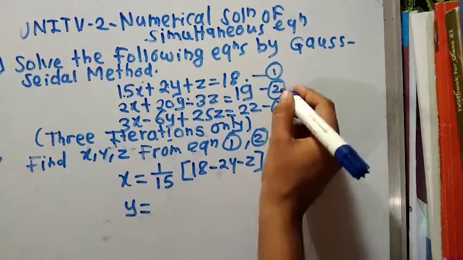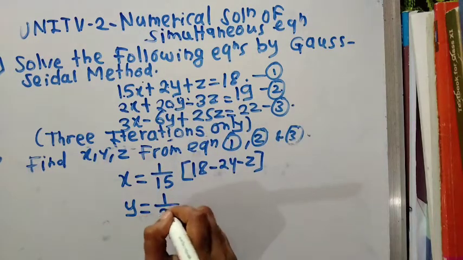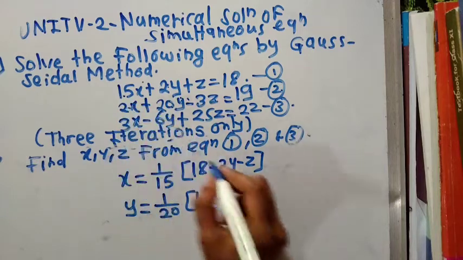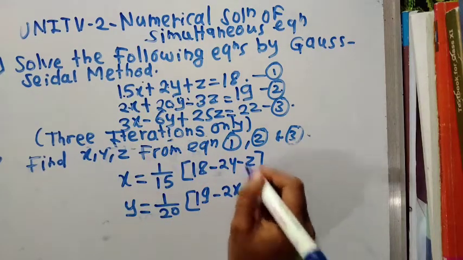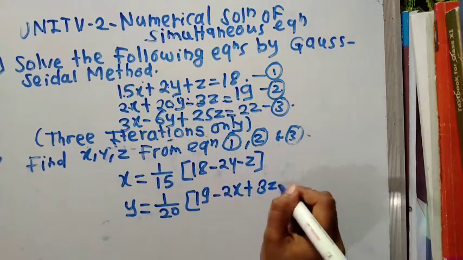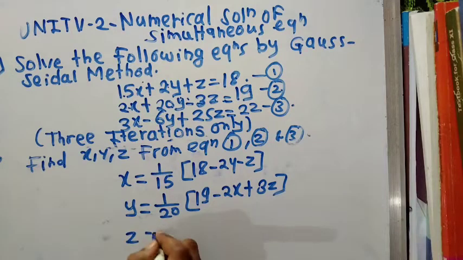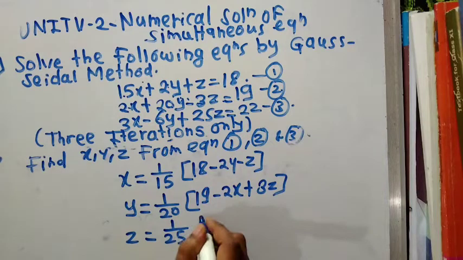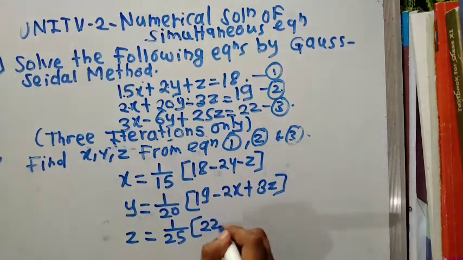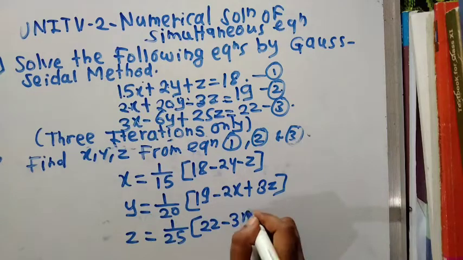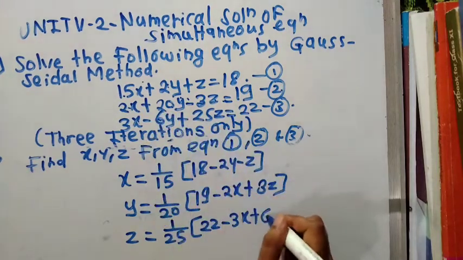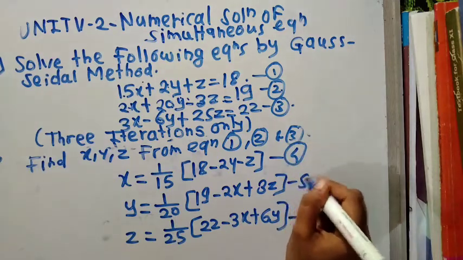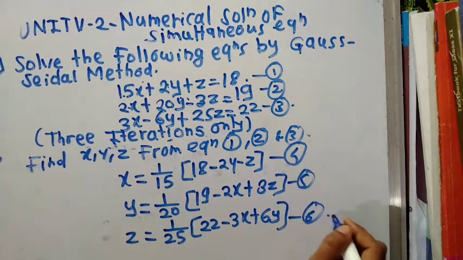Then y from equation second is 1 divided by 20 times (19 minus 2x plus 3z). And z from equation third is 1 divided by 25 times (22 minus 3x plus 6y). These are the fourth, fifth and sixth equations.